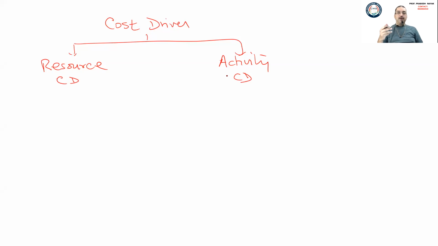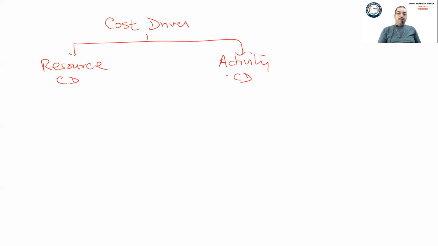You must have done departmental accounts also in accounts. There we classify certain items. For example, the rent of the entire premises is given to you, and then how much to allocate to each department? We say it will be allocated on the basis of area occupied. Now that area occupied is a resource cost driver. Okay, so like that we have the resource cost driver.